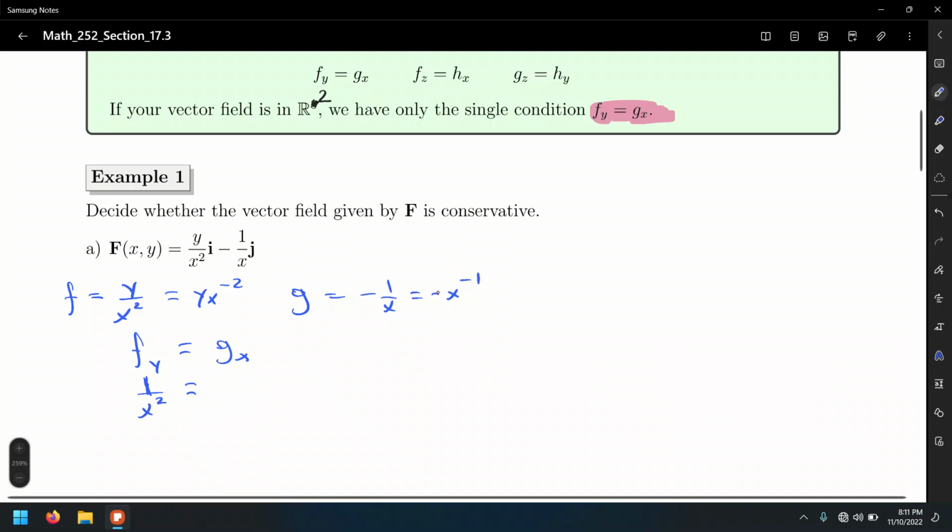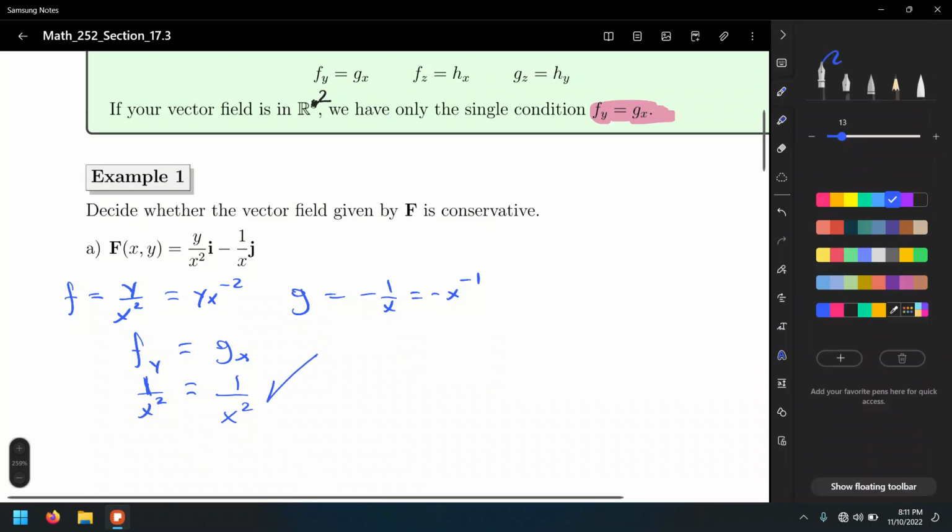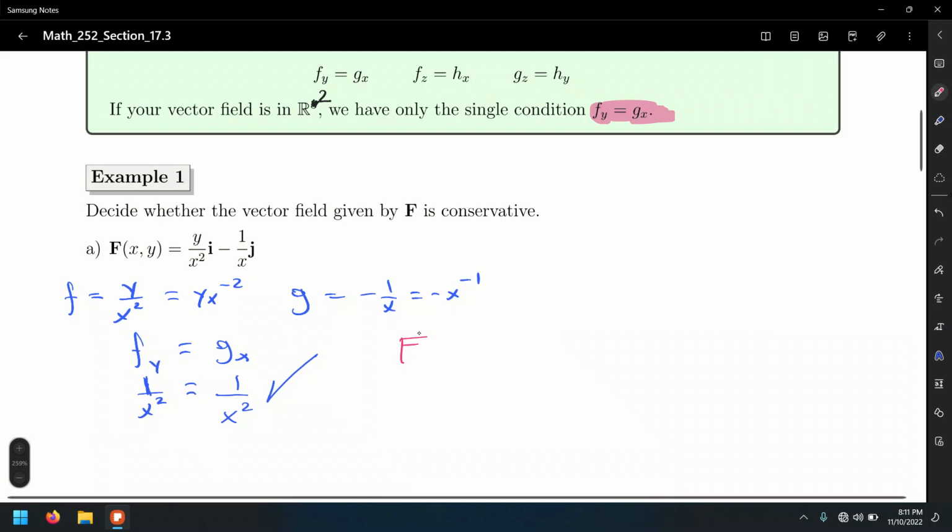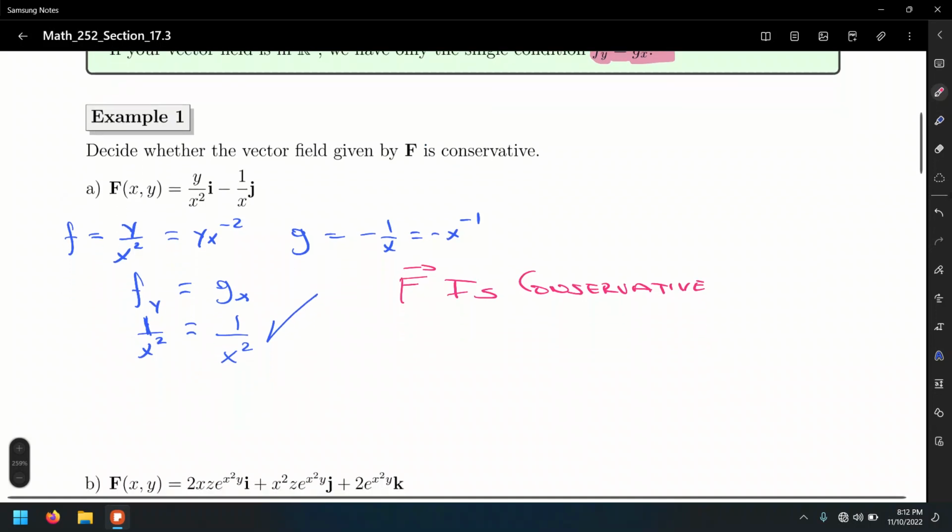That's negative 1 times negative 1, which is 1, and x to the negative 2, that's also 1 over x squared. That means the given vector field F is conservative, and we can find a potential function. We will discuss how we find that potential function.